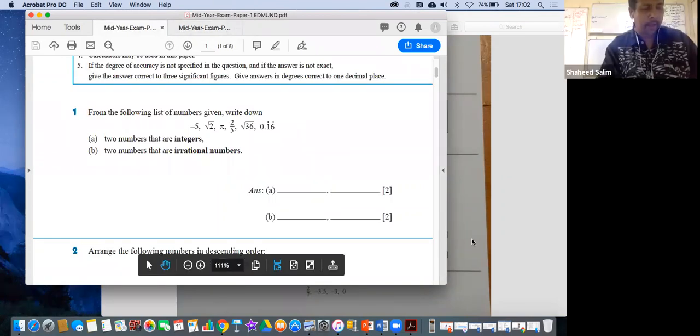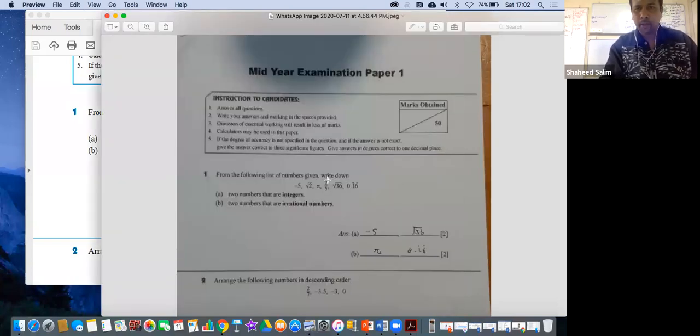Okay, square root of 36. What do you get? You get 6, correct?